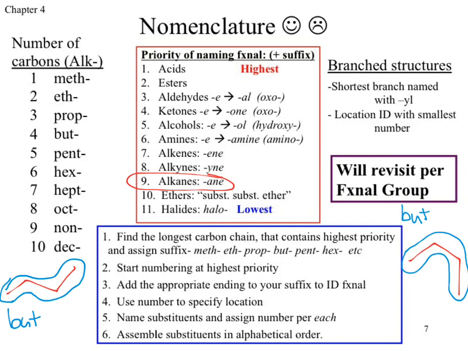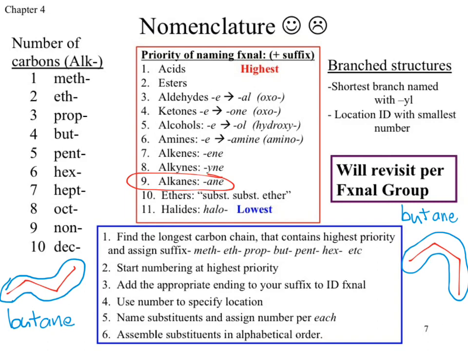Next step of our rule is start numbering at the highest priority. Well, do we have a highest priority in this? No, it's just a straight chain, so we can skip that. We can then go through and add the appropriate ending to the suffix to identify our functional group. What's our functional group? Alkanes. What's our ending for our alkanes? A and E. In both cases, we're looking at alkanes. We come up with butane.